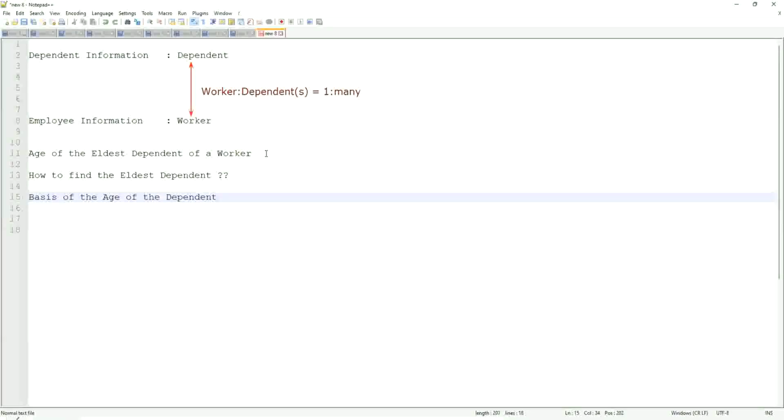Correct. And then if I'm going to find the eldest, then what can I do? Can I sort it in some manner and then take one? Let's say you have the ages like 10, 15, and 42.